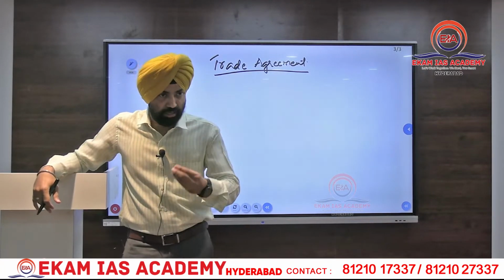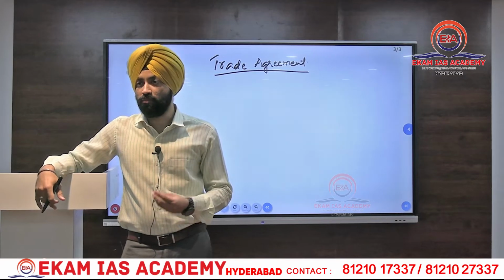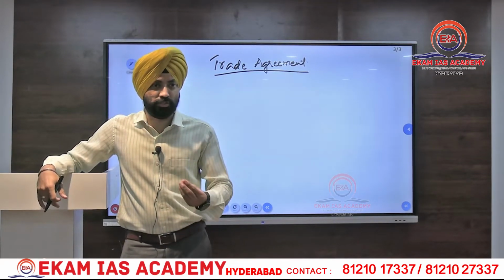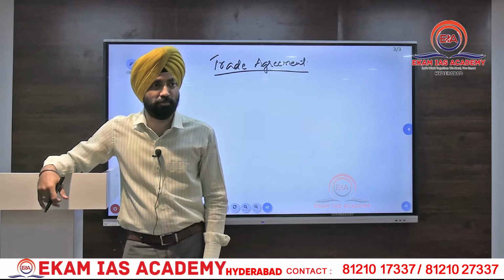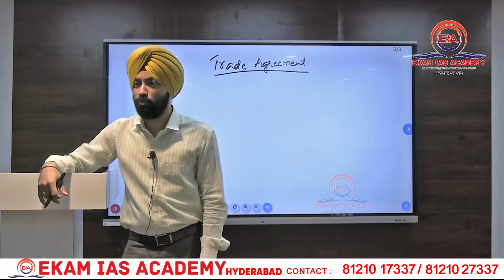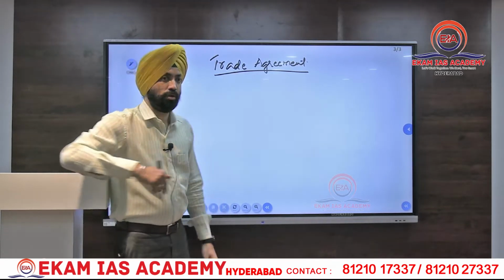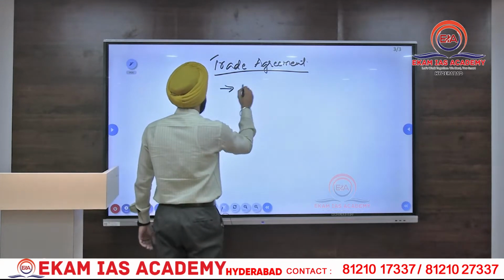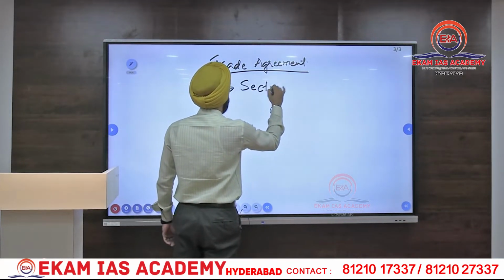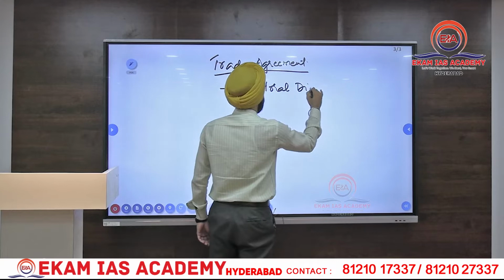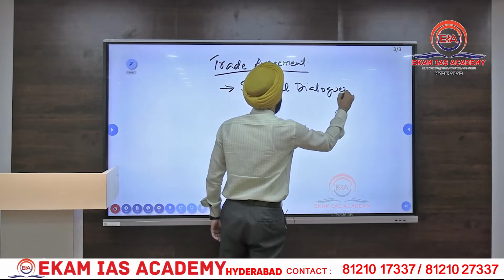When you start engaging with a particular state, what do you do first? You don't sign the free trade agreement on day one. What do you do? The sectoral dialogue starts.